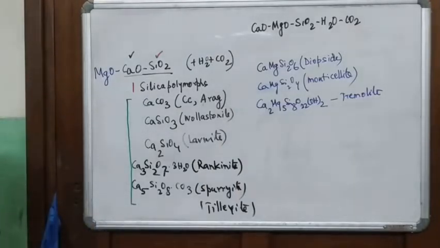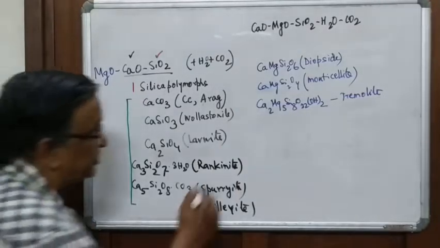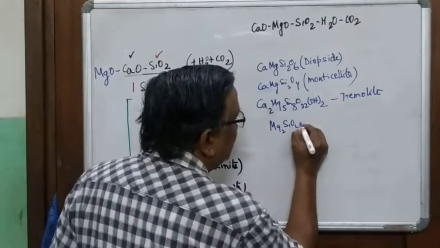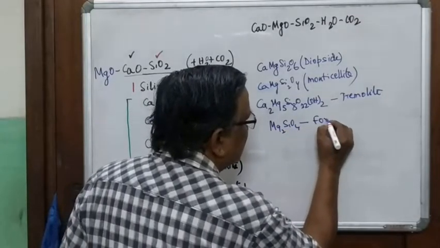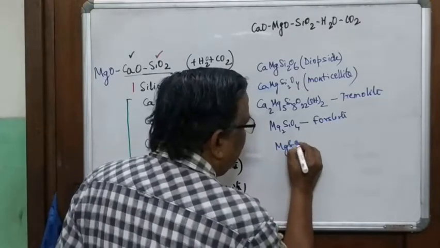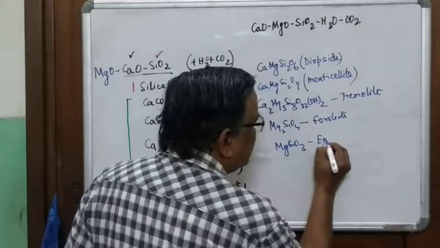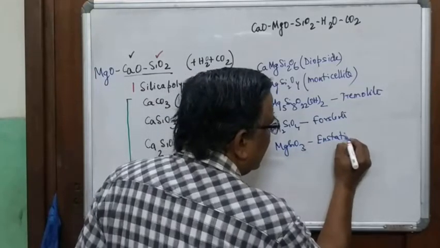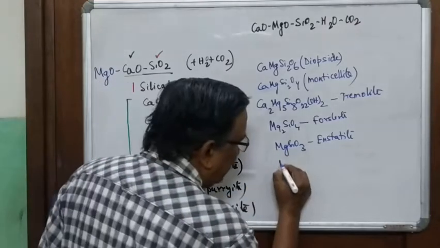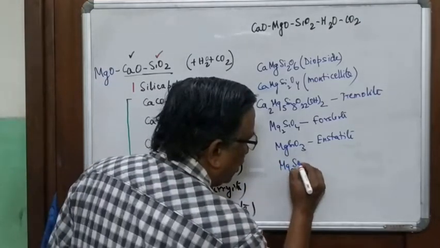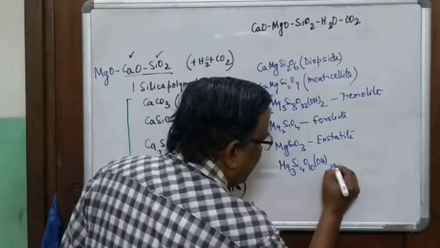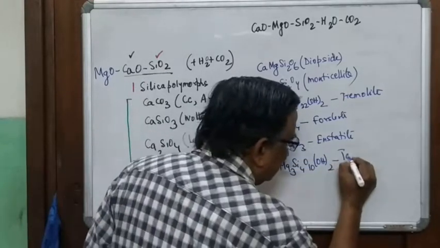There are a whole lot of magnesium bearing minerals. Say for example, Mg2SiO4, this is forsterite. Then you have MgSiO3, this is enstatite. Then you have Mg3Si4O10(OH)2, and this mineral is talc.